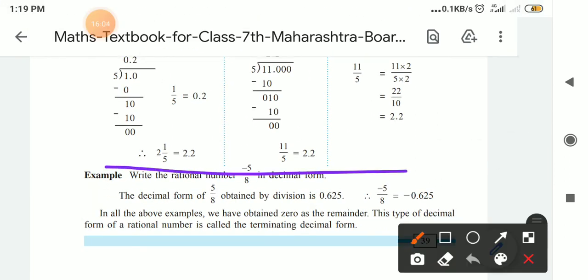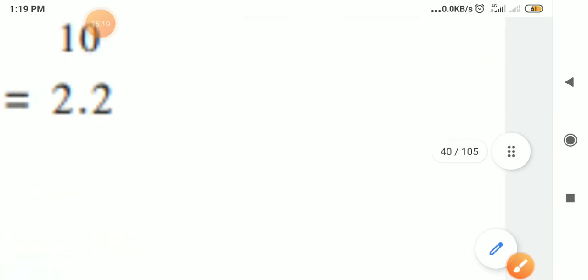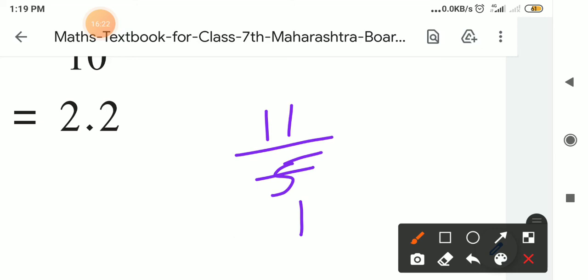You just choose any method, no problem, no issue. And one more method I will tell you, that is the one we generally use. Now you are in standard 7, so when you go to the higher classes that method will be useful for you. So 11 upon 5, 5 ones are 5. Is 11 in the 5 table? No. So which is the smaller number present in the 5 table than 11? 5 2s are 10.